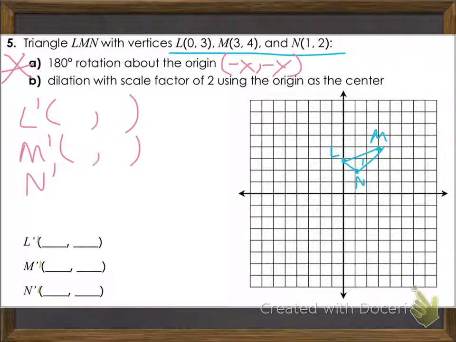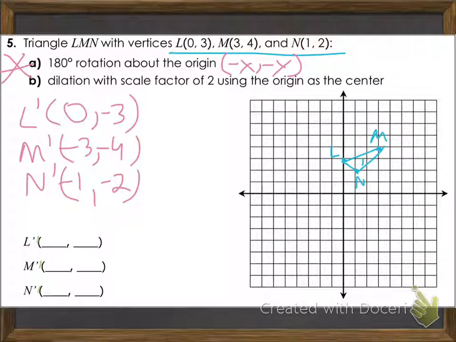So let's go ahead and find the pink shape. So for L to L prime, all we're doing is just changing the sign. So this is going to be 0, -3. For M to M prime, we're now going to have -3, -4, because you're just changing the sign. And then from N to N prime, you're going to have -1, -2. So let's plot it. At L prime, we have 0, -3.